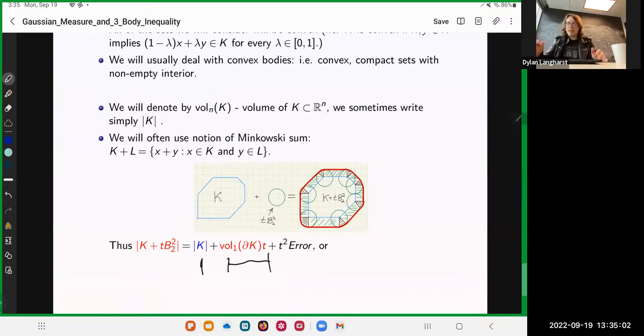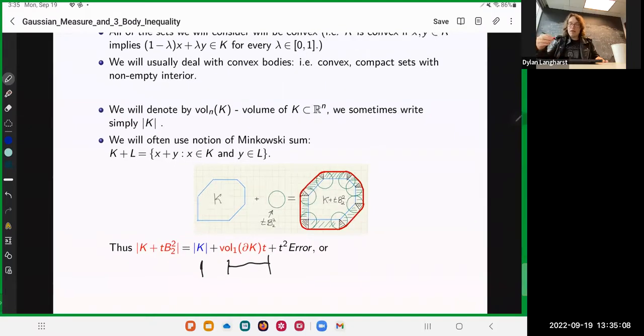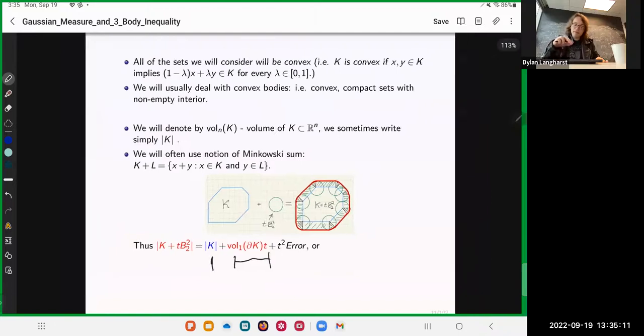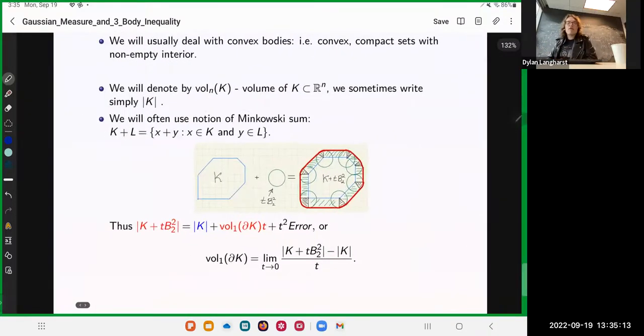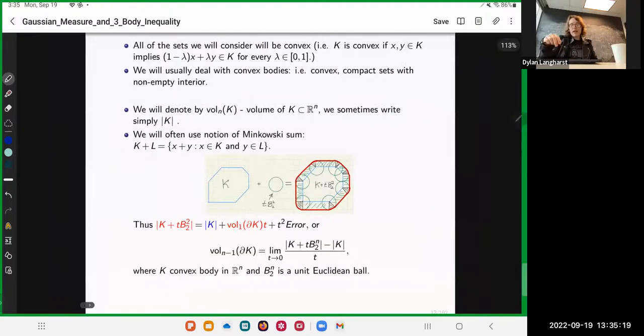And we know that it's the area of the Euclidean ball, and since the area behaves quadratically, it's going to be t squared. Now I can solve for the volume of the boundary of K by simply taking the derivative. For notation, B_2^n will henceforth denote the Euclidean ball.